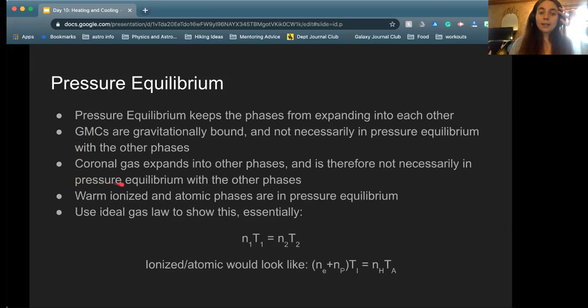The other phase that's not necessarily in pressure equilibrium is the coronal gas, the hot ionized medium. It's constantly expanding into the other phases, so we can't really say it's in pressure equilibrium. But the warm ionized, both the diffuse and the H II regions, as well as the two atomic phases, are in pressure equilibrium. So some of our ISM is maybe about half.